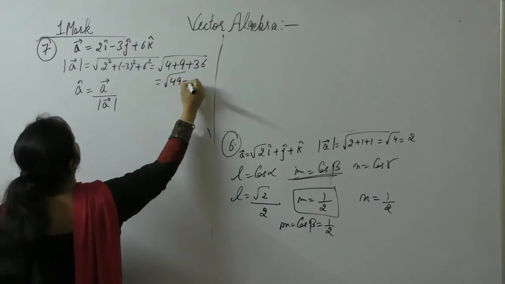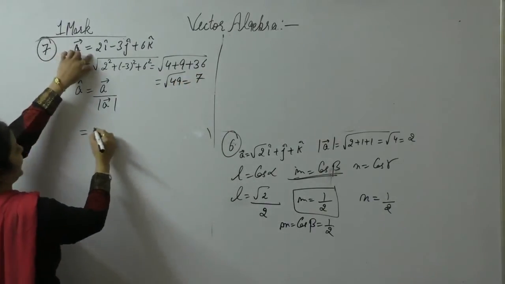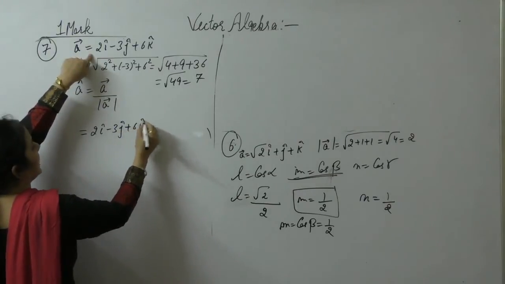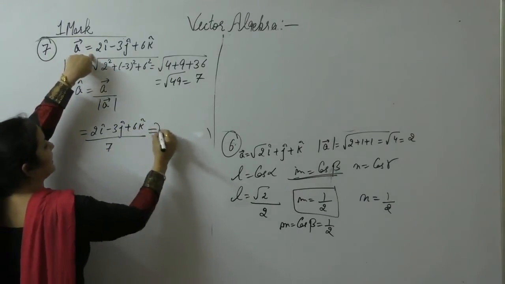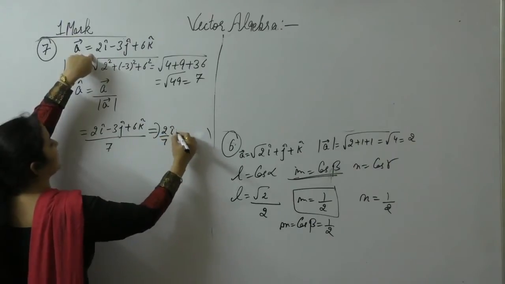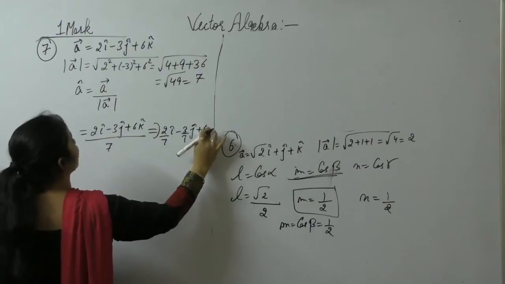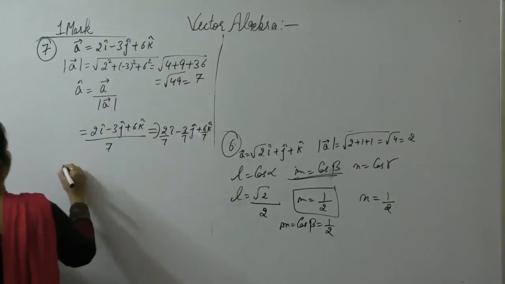Square root of 49, that is 7. So a cap is (2i minus 3j plus 6k cap) upon 7. We can write it as 2 upon 7 i minus 3 upon 7 j plus 6 upon 7 k cap.